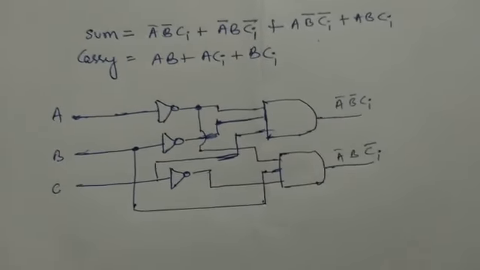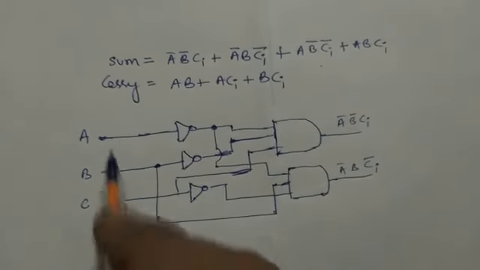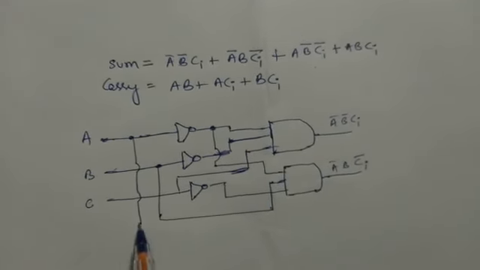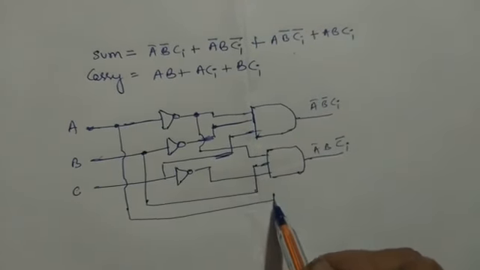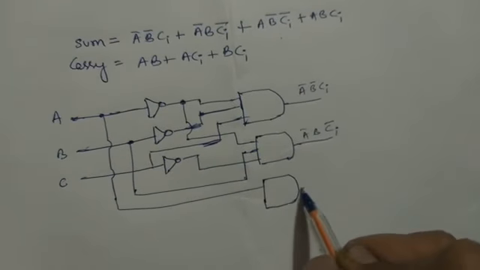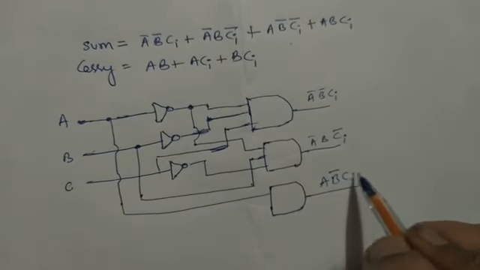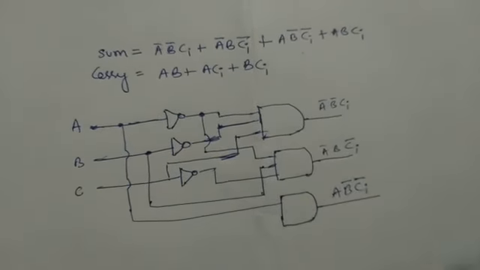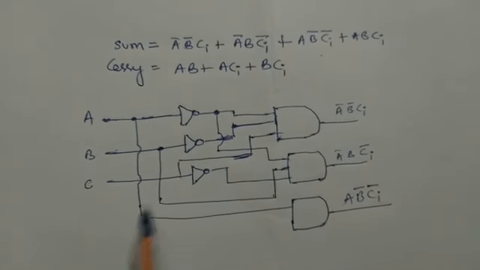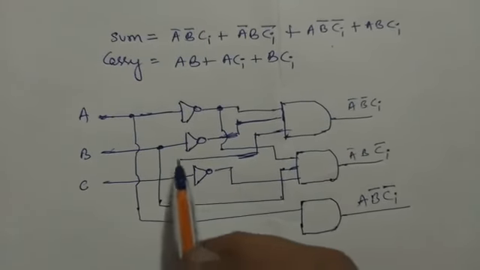Then you have A B bar CI complement. I got A, so now I have to take B bar and CI complement.